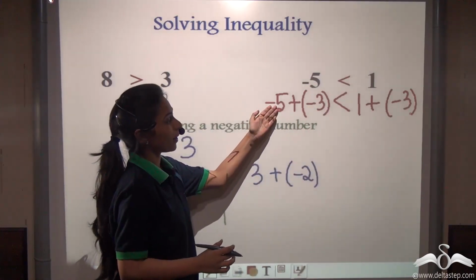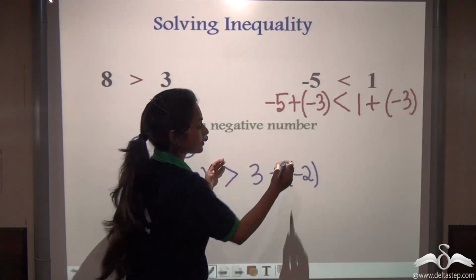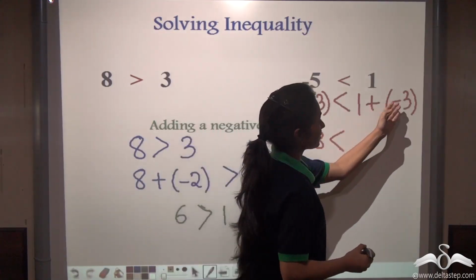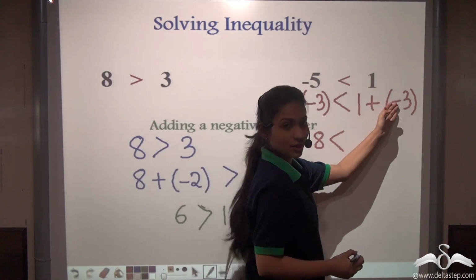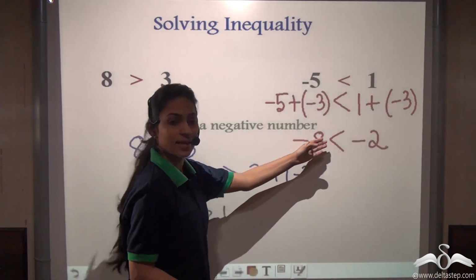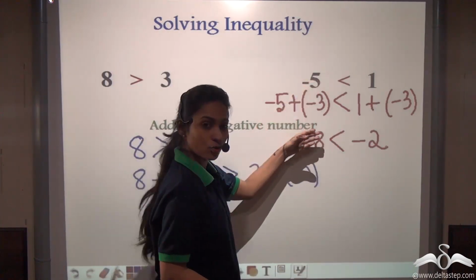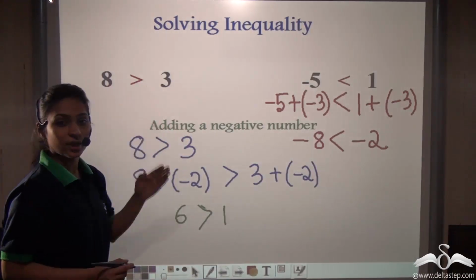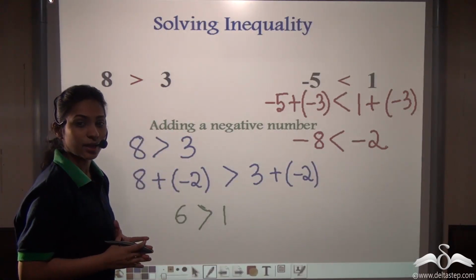That will give me what? Minus 5 minus 3, that is minus 8. Less than 1 plus minus 3, that is 1 minus 3, which gives us minus 2. So again you can see minus 8 is less than minus 2. So this holds true again. So that means adding a negative number both sides of an inequation does not disturb the inequation.